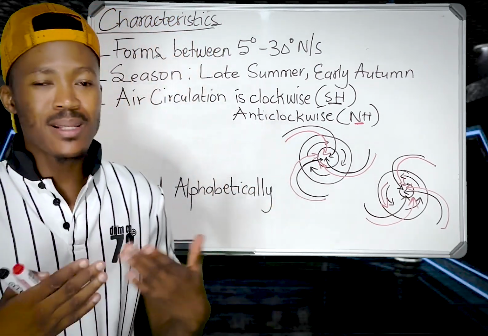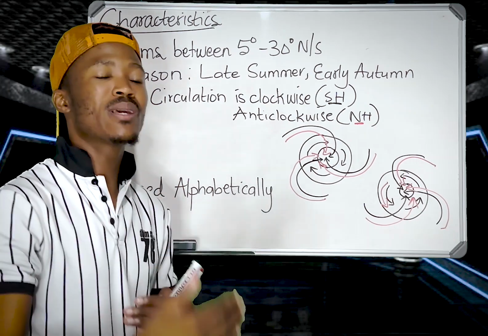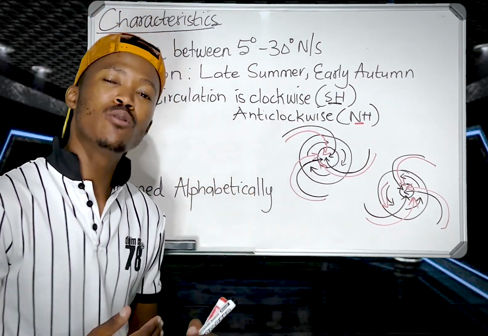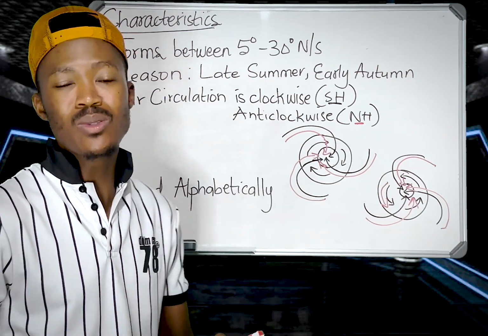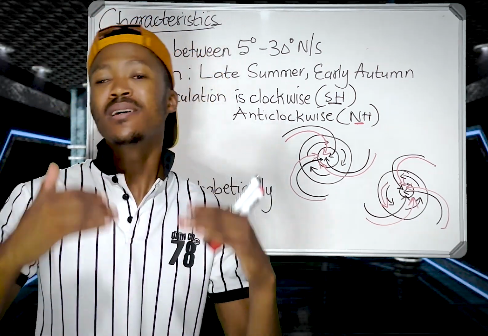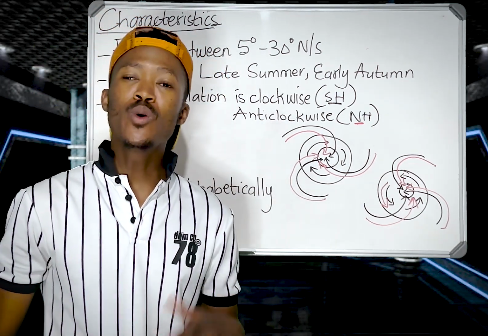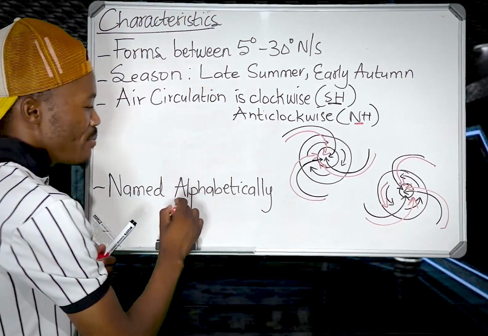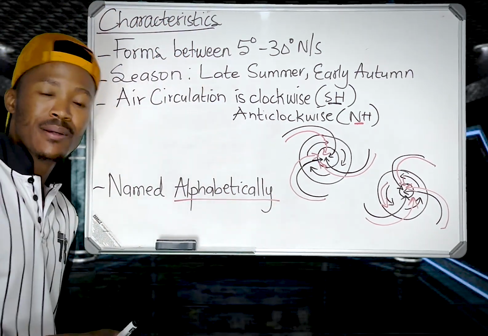Now, our tropical cyclones can occur one after another. We need to be able to track the number of cyclones that have occurred in a season. So what do we do? We name our tropical cyclones alphabetically.